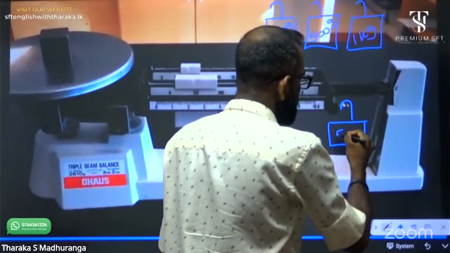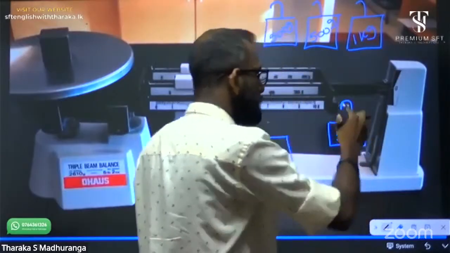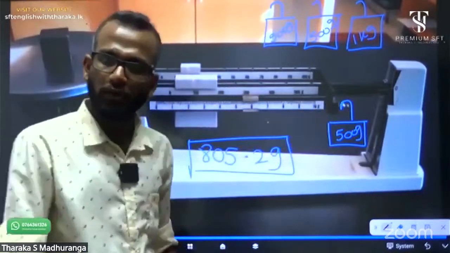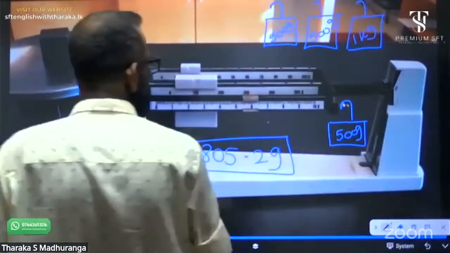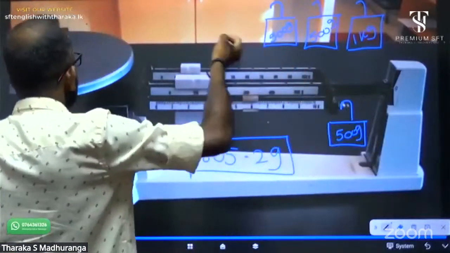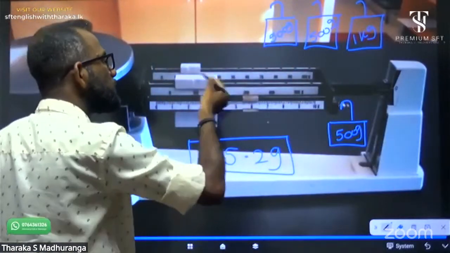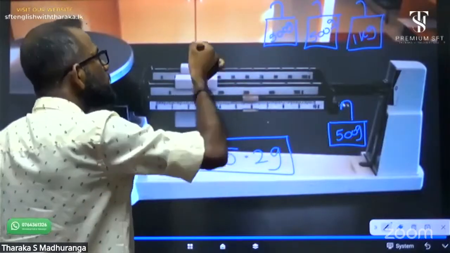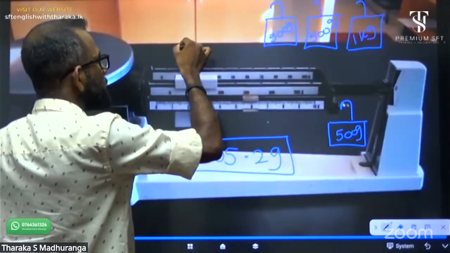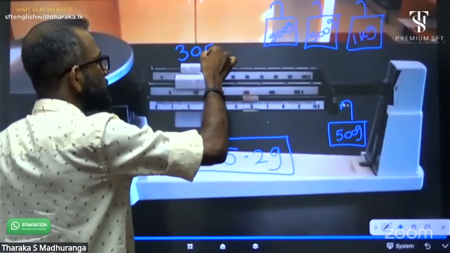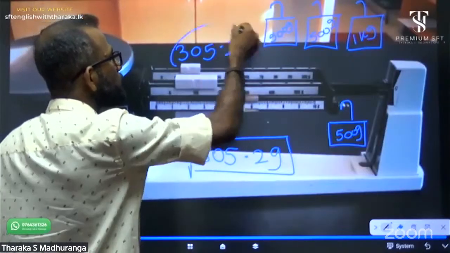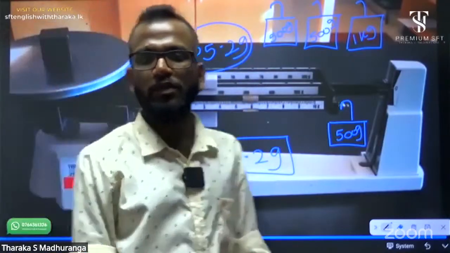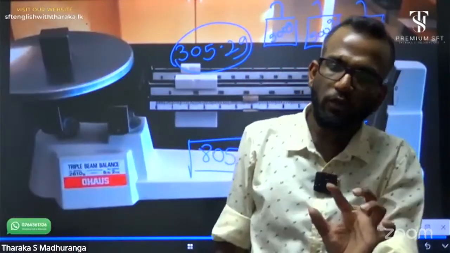You can place it on this extra bar holder. Then with this extra bar, if you measure the mass of this object, the instrument's given value will be 305.2 grams.